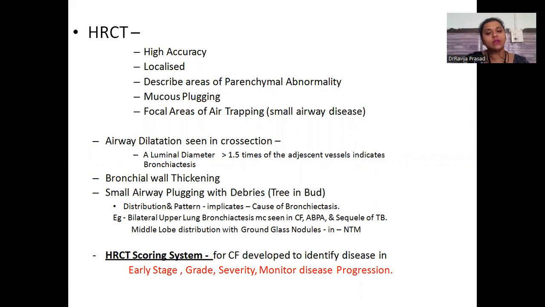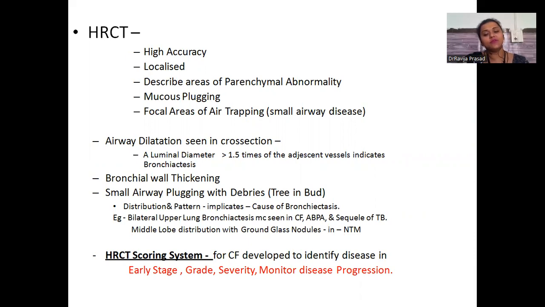Bronchial wall thickening, small airway plugging with debris, and tree-in-bud. Distribution and pattern imply causes of bronchiectasis. For example, bilateral upper lung bronchiectasis is seen in CF, ABPA, sequelae of TB, and middle lobe distribution with ground glass nodules is seen in nontuberculous mycobacteria.